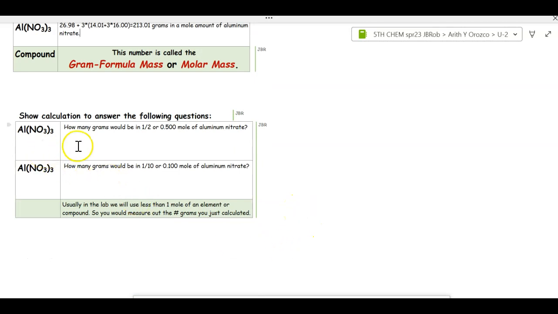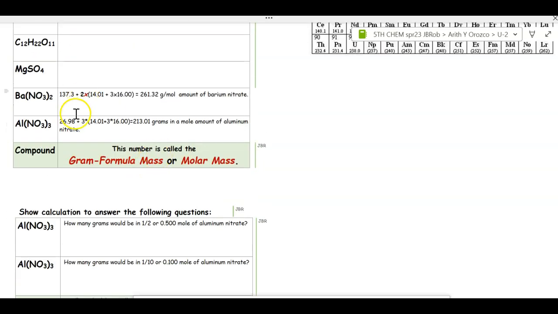All right, now I want you to think through something else. All right, here we said that there's 213. So let me just copy this. All right, copy that. All right, so this is the amount. 213 grams in a mole amount.